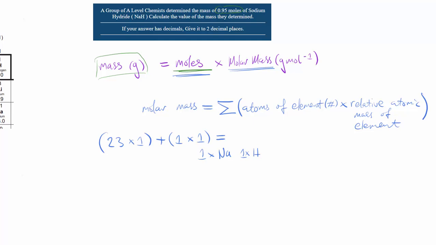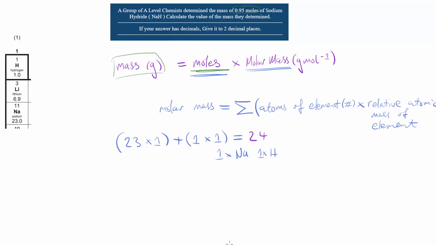The reason I've gone into the formula for it in a formal way is so that you can take the principles, and even if you have a very complicated example, a formula with a bunch of different elements, a bunch of different numbers of those different elements, if you have the formula, you're going to be able to work out the molar mass from it quite seamlessly. Okay, so in any case, this is 24, right? So that's the molar mass, and the units we're going to use here is grams per mole.